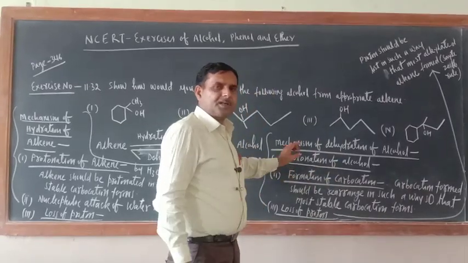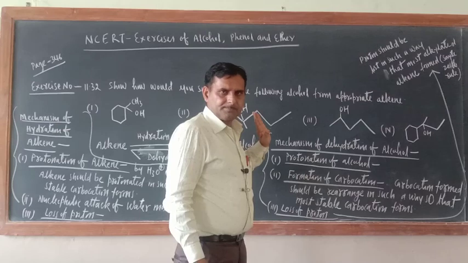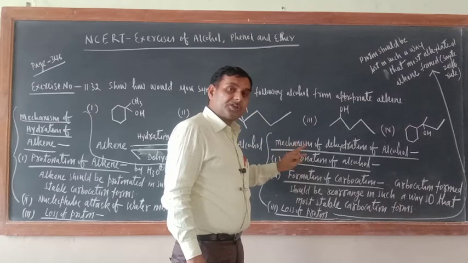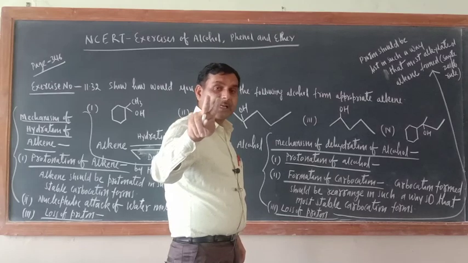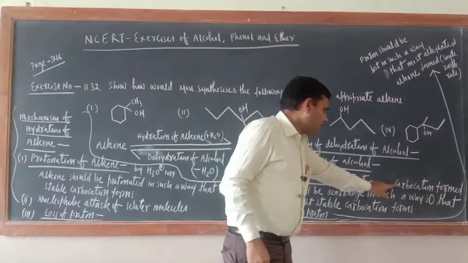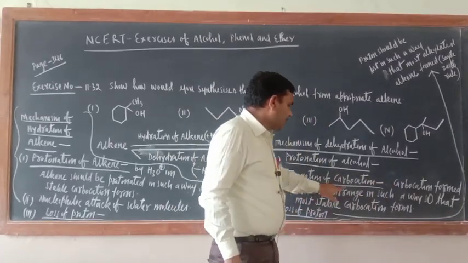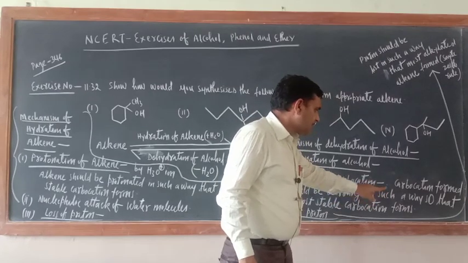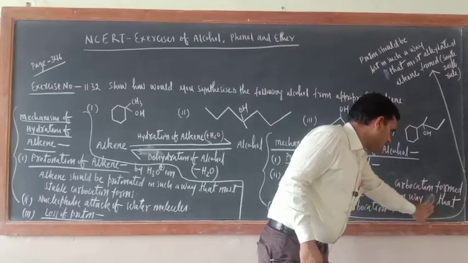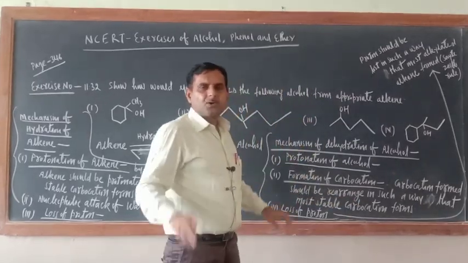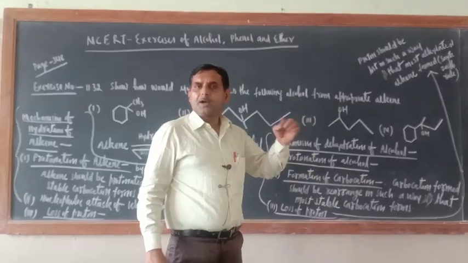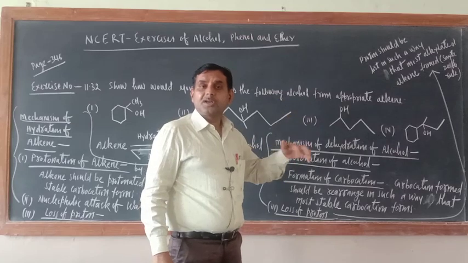If it is 1 degree alcohol, then no problem. But if it is 2 degree or 3 degree alcohol, you should take care of the following thing. The carbocation formed should be rearranged in such a way that the most stable carbocation forms. I taught you two things: 1,2 hydride shift and 1,3 methyl shift.